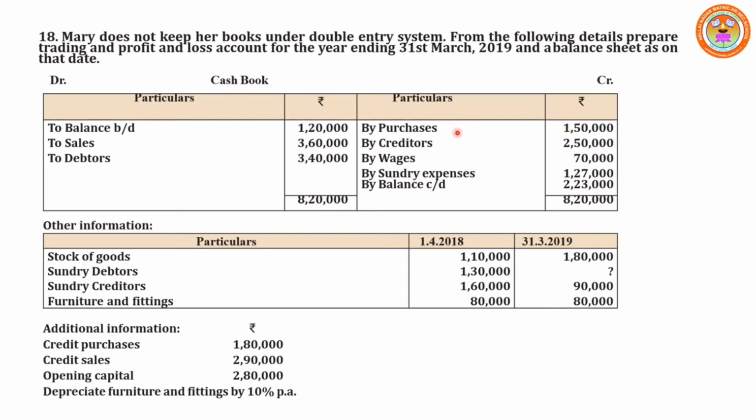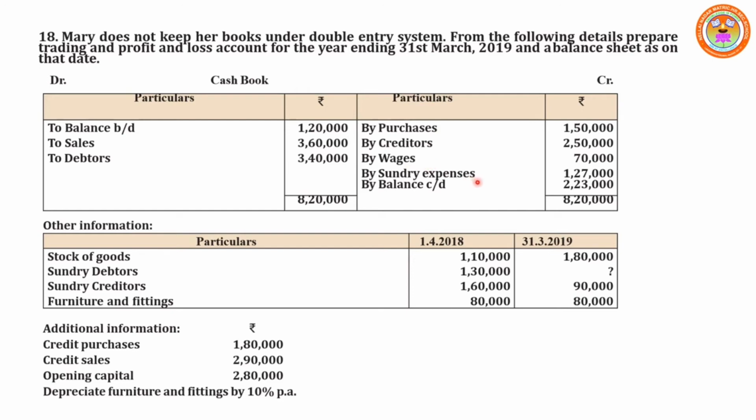Okay, look at the first one, by purchases. This amount denotes cash purchases, so it appears while preparing the trading account debit side. Then by creditors: cash paid to creditors, under the total creditors account. Then by wages, a direct expense, so trading account debit side.